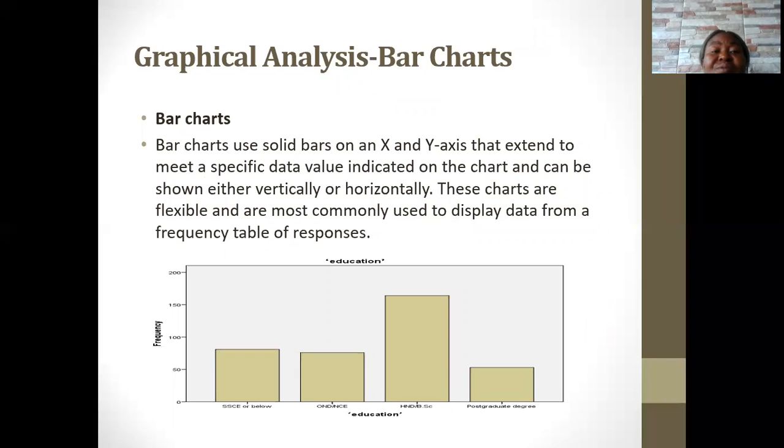Graphical means of descriptive analysis, one of them is the bar chart. The bar chart uses solid bars on an X and Y axis that extend to meet a specific value indicated on the chart and can be shown either vertically or horizontally.